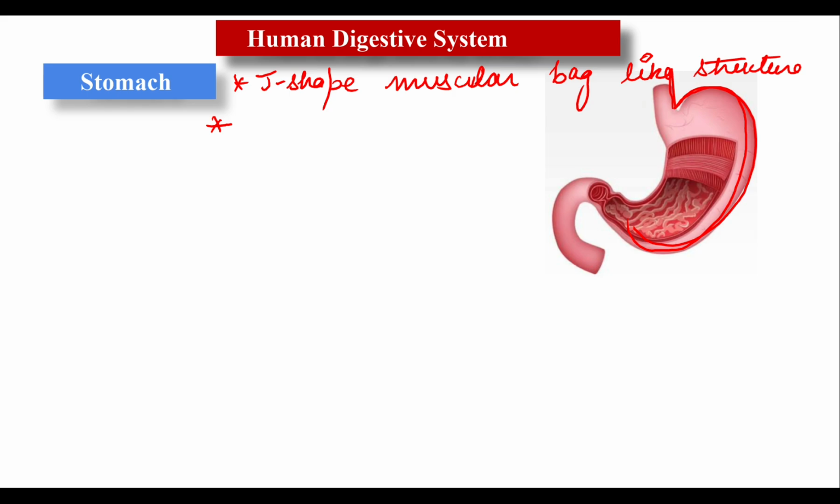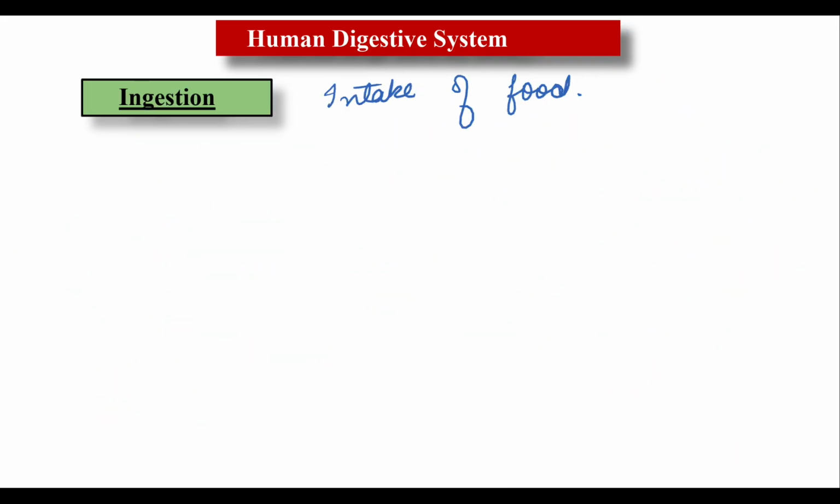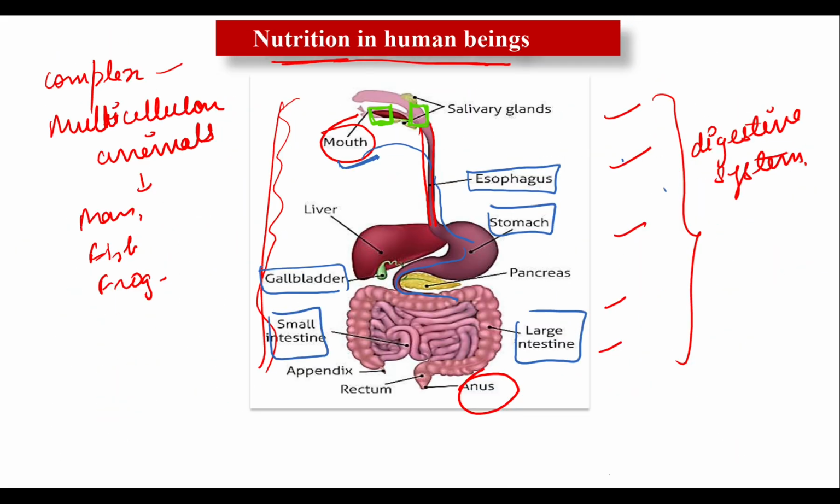Now, the question is where it is located. Let me show you this diagram again. It is located on the left side of the abdomen. Now, what do you mean by abdomen? Let me explain. This is your face. This is your neck.